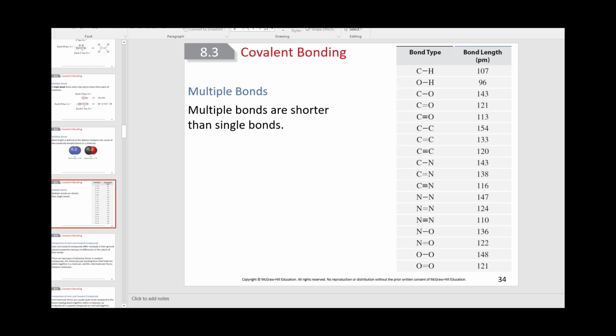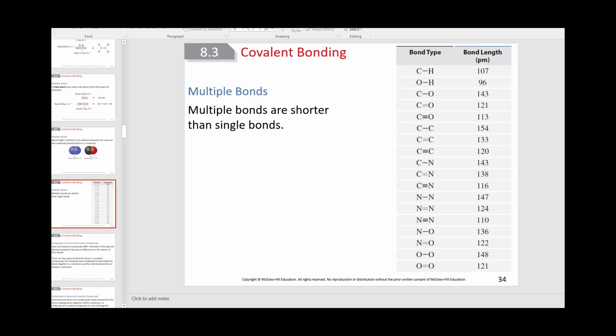Now, because covalent bonds are sharing electrons, we don't just add the atomic radius of each of the atoms like we did with ionic. Because they're sharing, their electron clouds will overlap, and you'll actually end up with a smaller bond length.